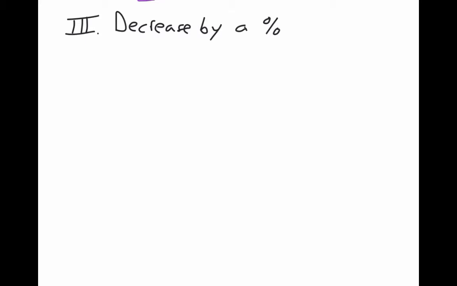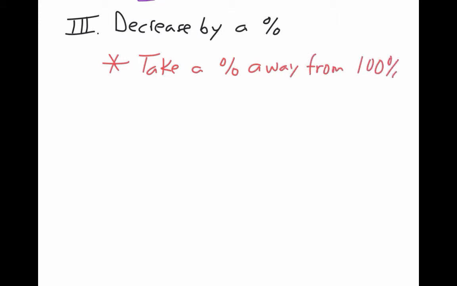You do 100% minus that number, so 100% minus 15 in that one. So I'm going to, in red, for dramatic emphasis with a star, say take a percent away from 100%. So that's the way I prefer to do it, and I'm going to show that way first.